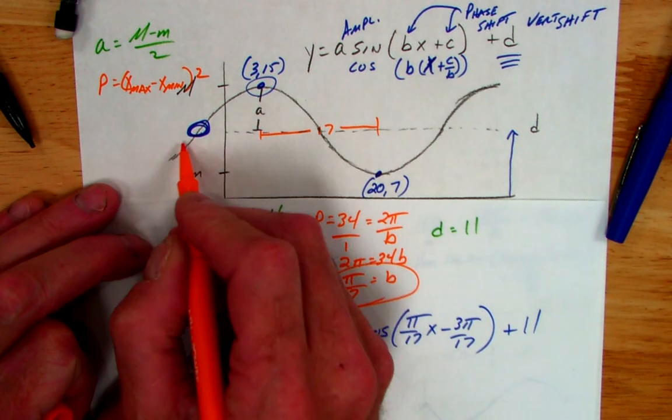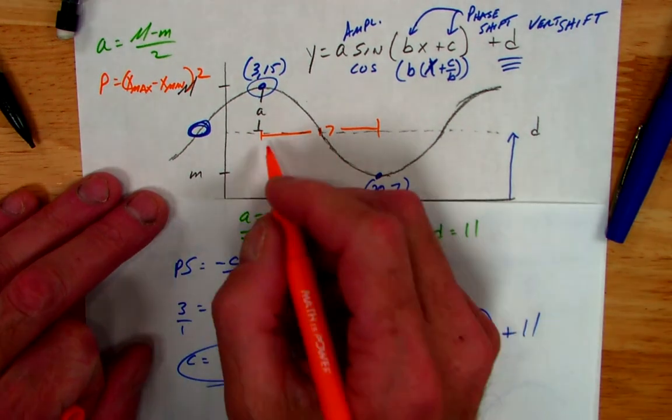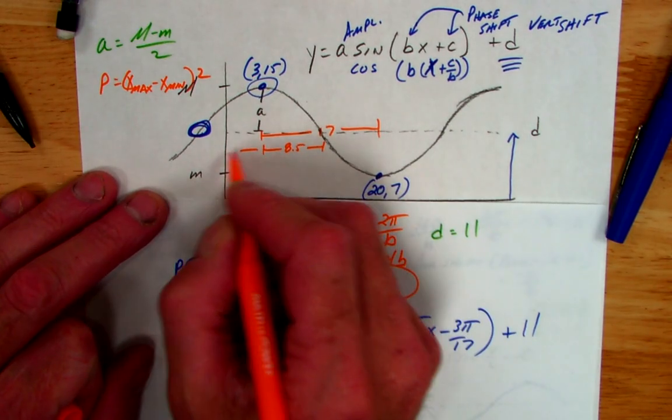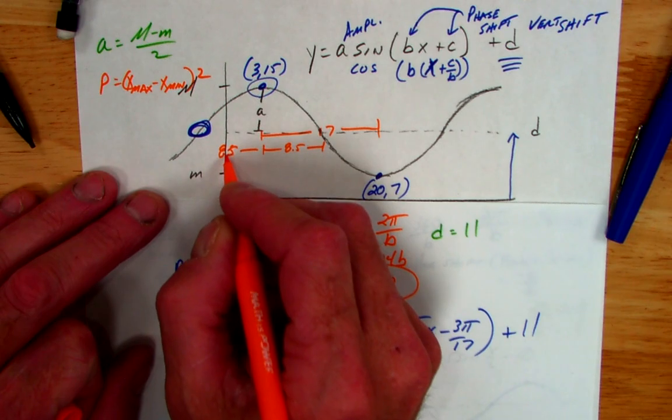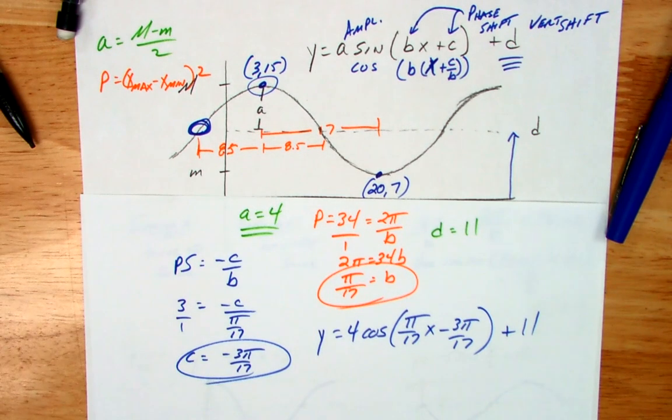Could I find out where I was at horizontal? That's 17, so this was 8.5. So if I'd go 8.5 units over here, I could have seen where I was. I could have used sine. It would have been more of a pain. Cosine's nice to use in those particular situations where you know your highest or your lowest.